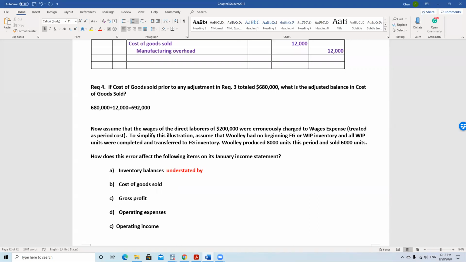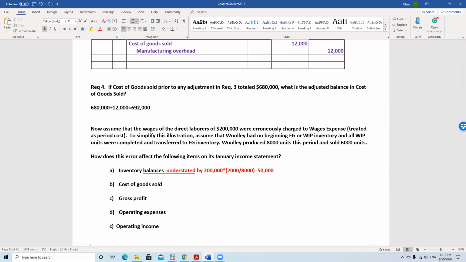If we allocate it by the total amounts that we understated, we only have 2,000 left in our inventory, while in total it's 8,000. So in total, our inventory balance was understated by 50,000.